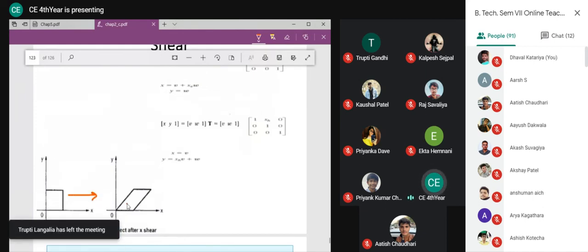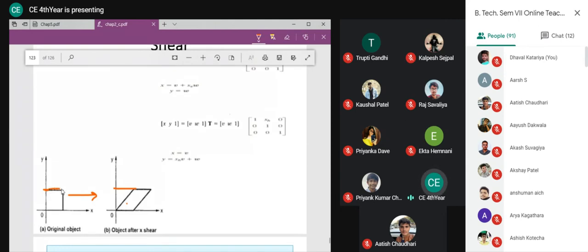So this is shear. What exactly we are doing here is, now observe. I have shifted in the x direction. I have stretched it in the horizontal direction. I have dragged it in the x direction. Whatever the y coordinate, whatever the height was there, the same height will be here.